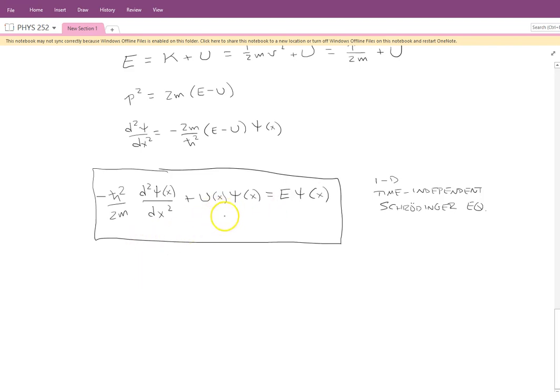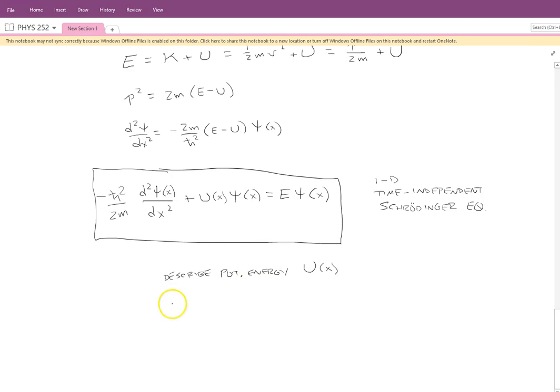So how does this work? In practice, you're going to have to be able to describe the potential energy function. Through interactions, this particle typically is going to have some potential energy function.